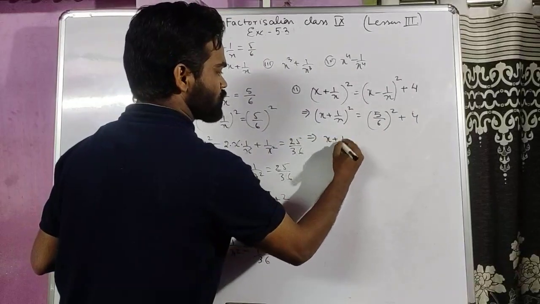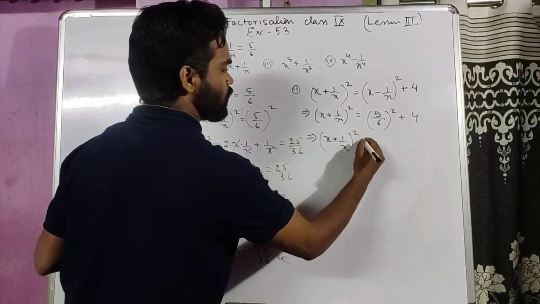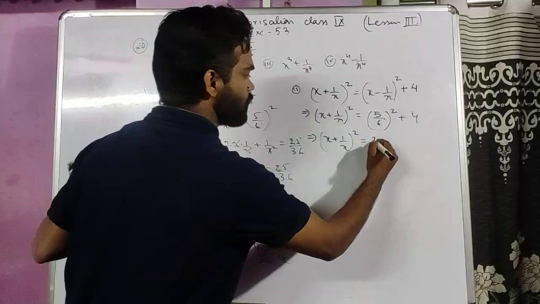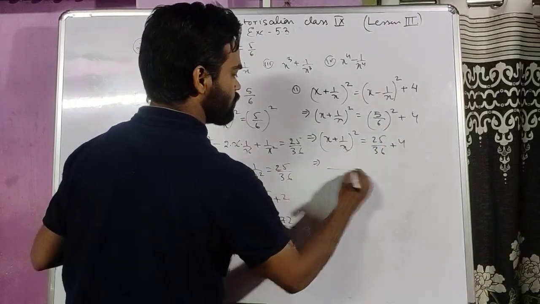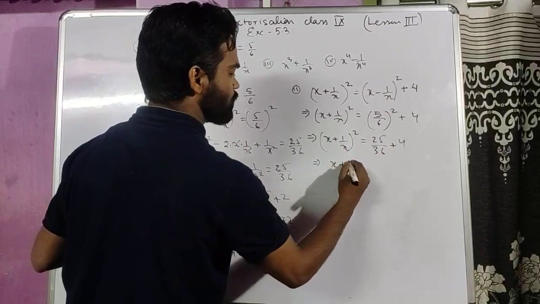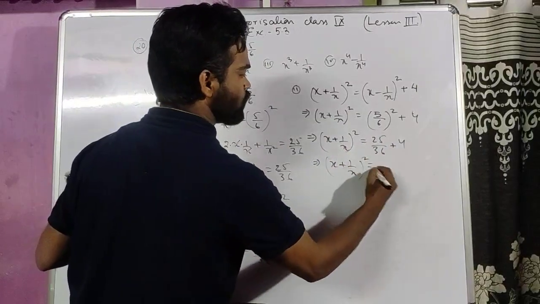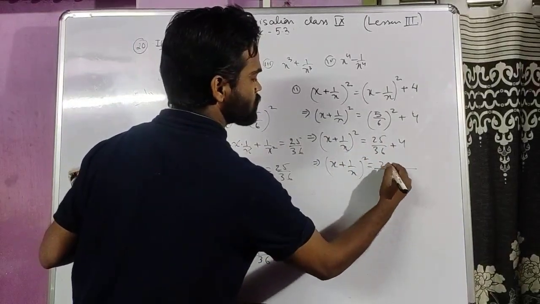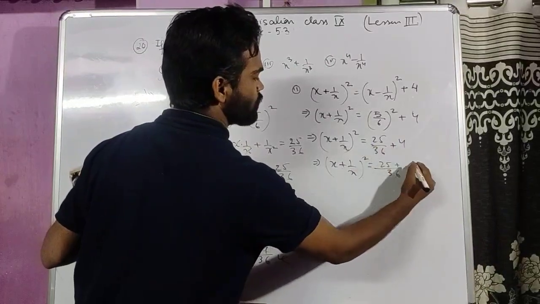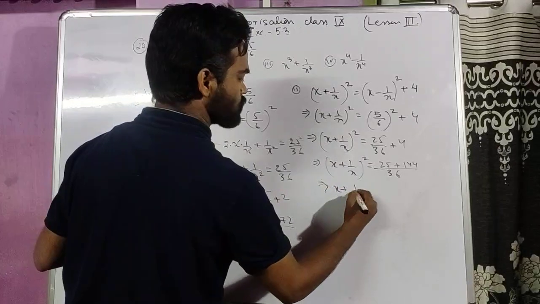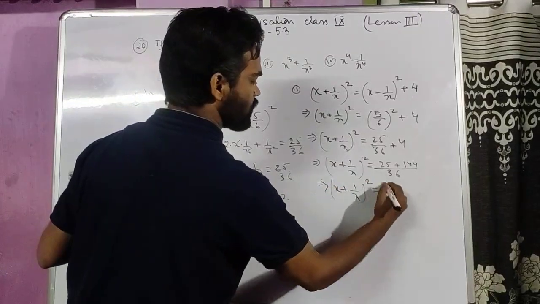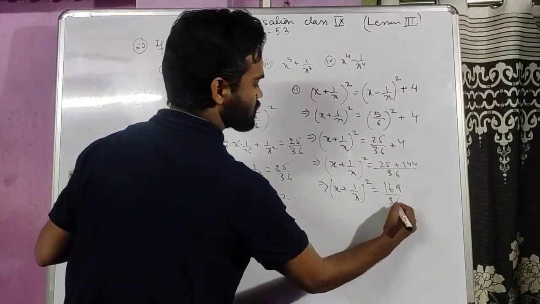Which means x plus 1 by x whole square is equal to 25 by 36 plus 4, which means x plus 1 by x whole square is 169 by 36.